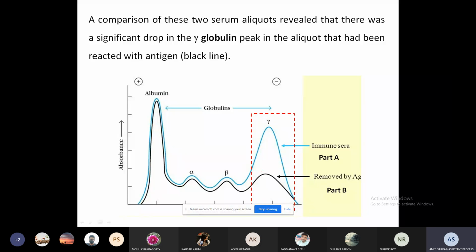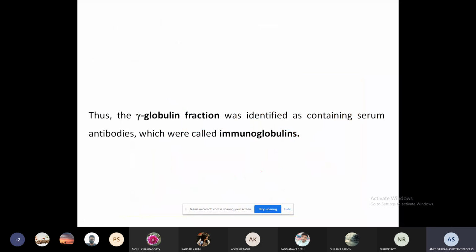in the aliquot that had been reacted with the antigen, shown here in the black line. That was a very classic experiment done by Tiselius and Kabat in 1939, and thereby they confirmed that the gamma globulin fraction is the part of the serum which contains the antibody, later called immunoglobulin, as it has a very significant role in immunology.